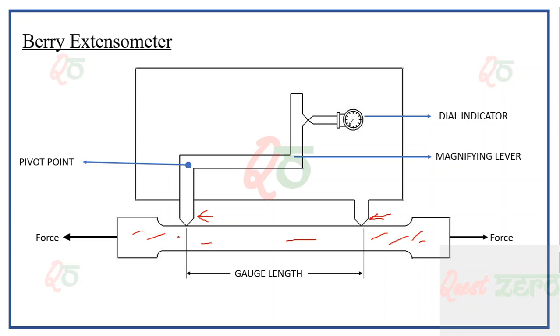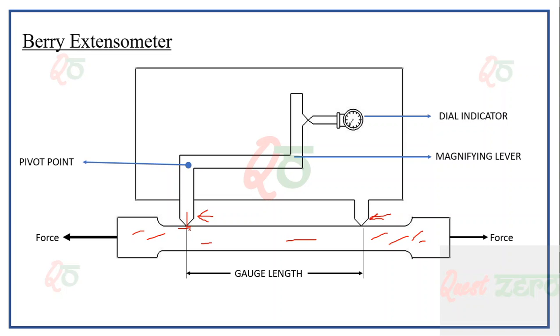So when the component is under tensile load, the expansion or the elongation of the component takes place. When the component elongates, the movable knife edge, which has been in contact with the specimen, will also try to move along with the elongated specimen.